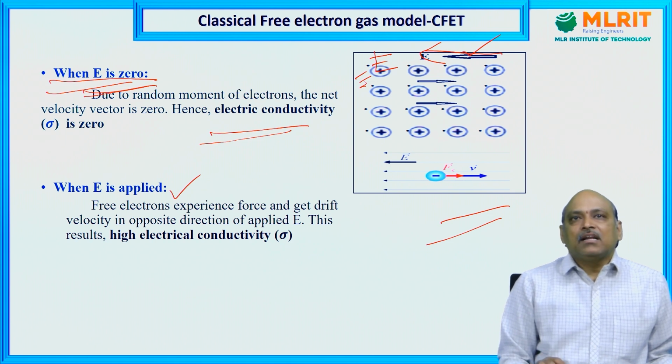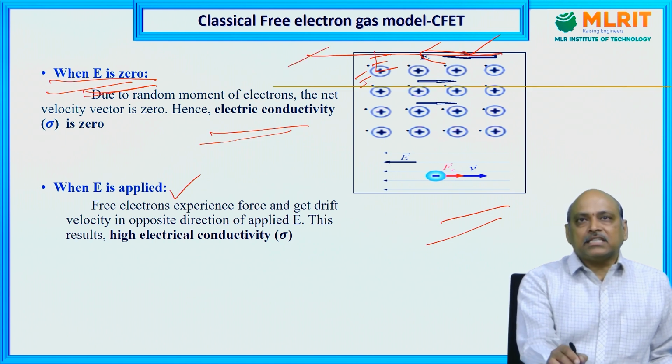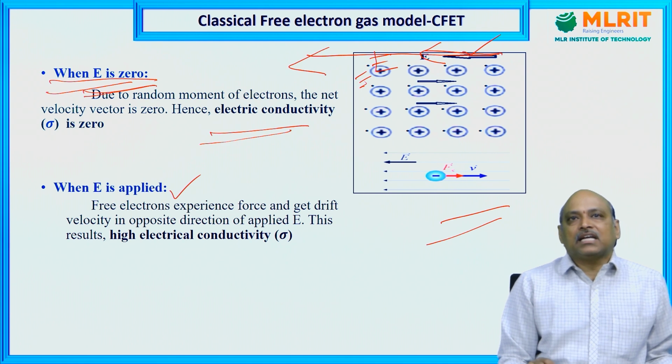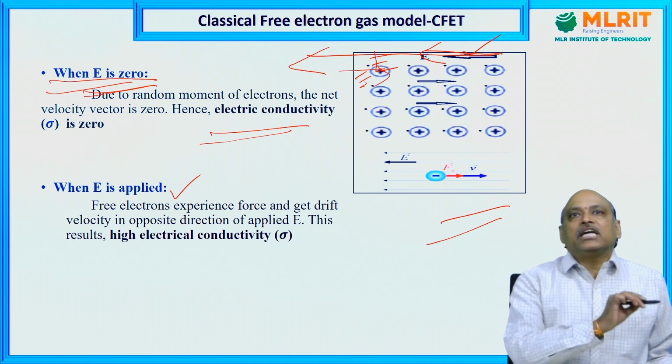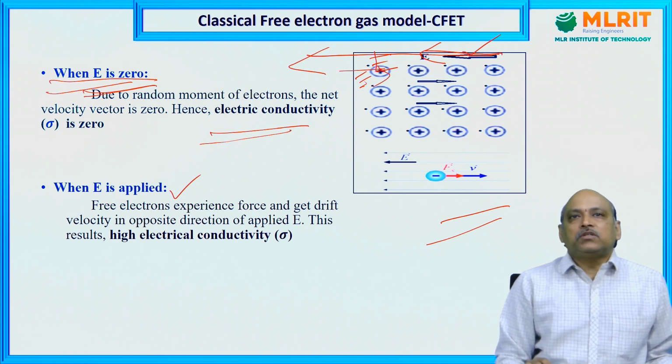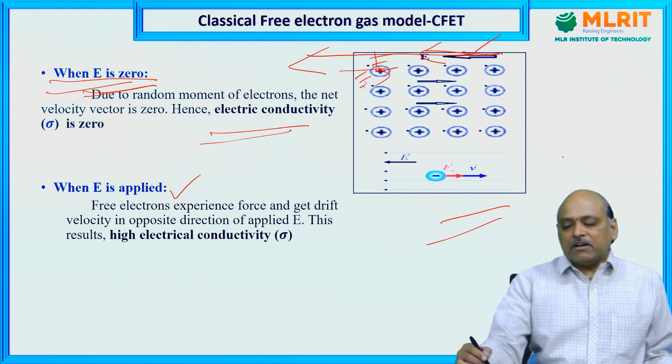In general, when you apply an electric field in one direction, the force on the free electrons is in the opposite direction. Due to this force, they get some drift velocity.